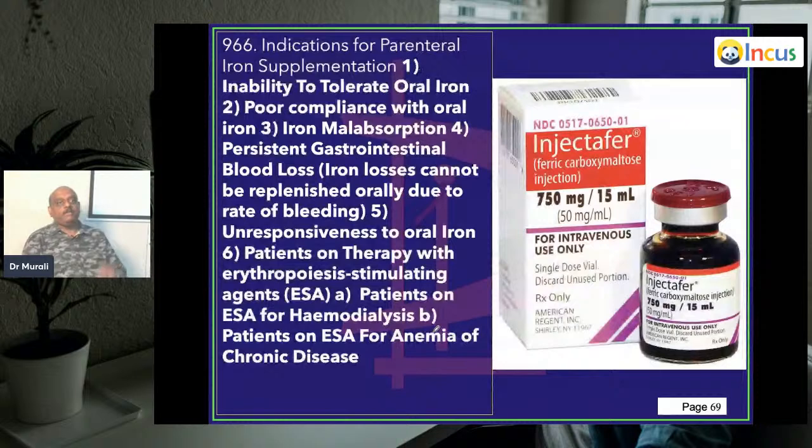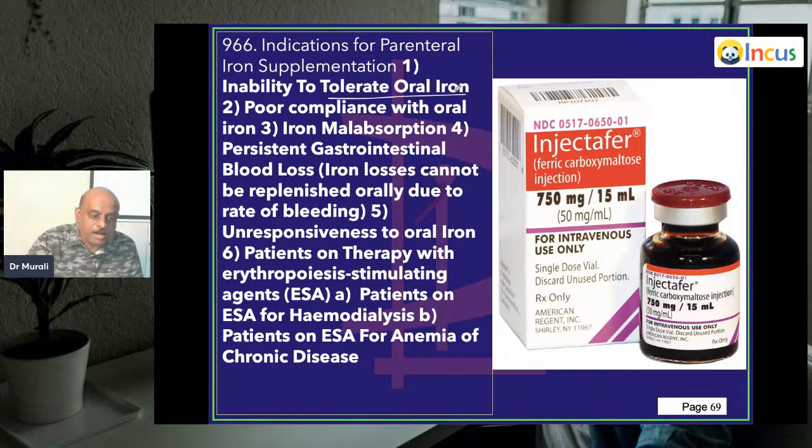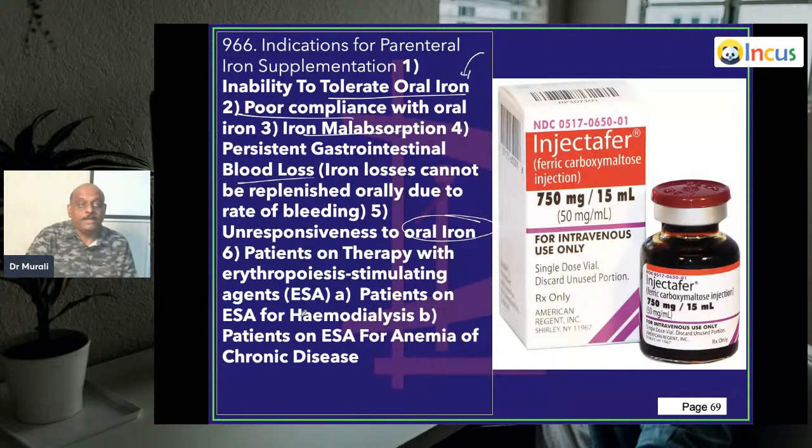Now comes, when will you give parenteral iron supplementation, either by injection or by infusion? If the patient can't tolerate iron therapy, poor compliance with the iron, malabsorption, persistent GIT loss, unresponsive to oral therapy, and similarly, if the patient is on erythropoietin therapy also, you need to give parenteral.